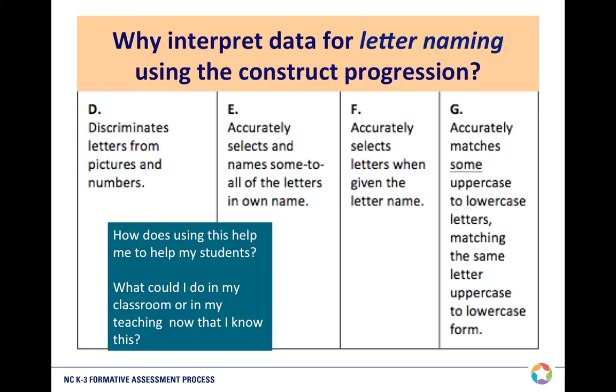I have a lot of options depending on the curricular materials and the resources that I have in my classroom. I'll give you a couple of minutes to take notes in your booklet based on that Unit 1 task that you already do and how it aligns with the letter naming and fine motor grip and manipulation construct progression.